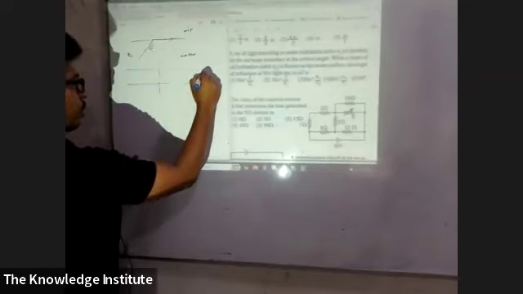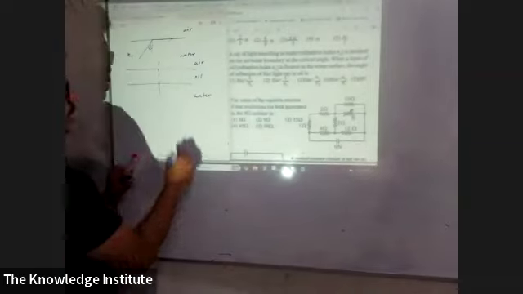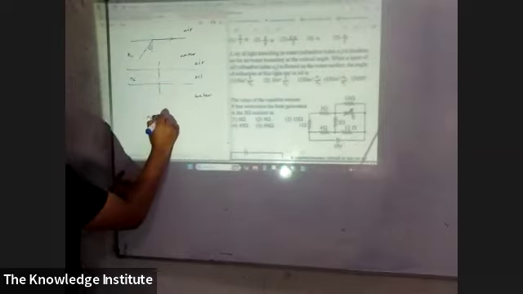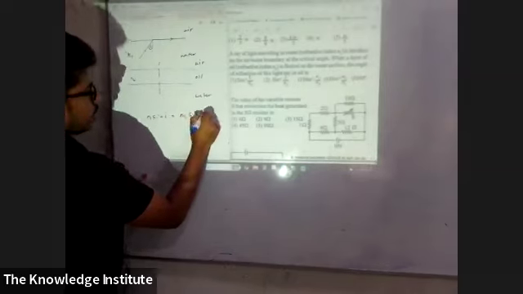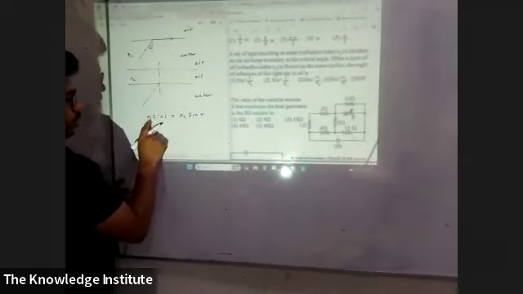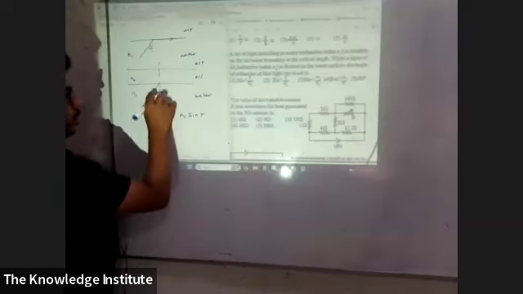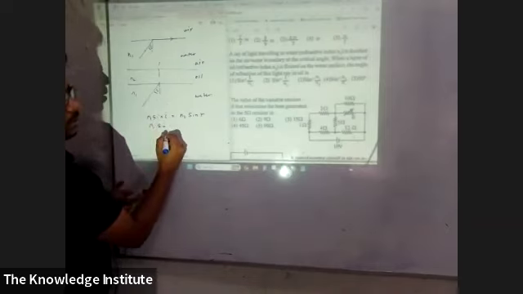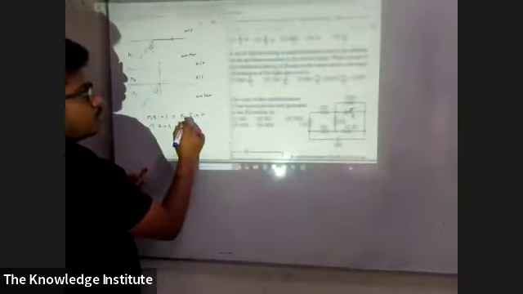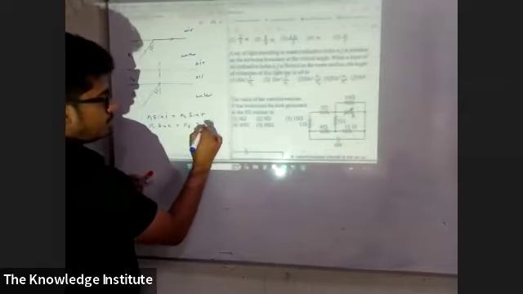So this is oil, air, water. Oil has N2. I can write N1 sine i equals N2 sine r for the water-oil interface. Here i is the critical angle C, so N1 sine C equals N2 sine r, and we want to find r.